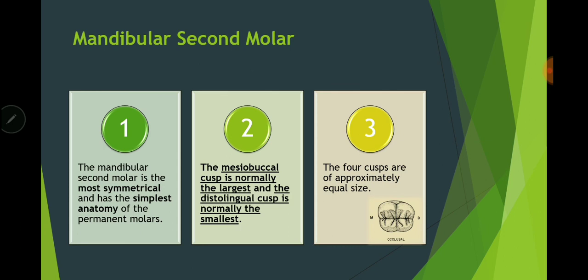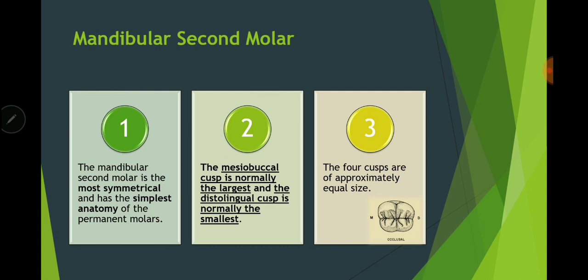And so, the mandibular second molar. The mandibular second molar is the most symmetrical tooth and has the simplest anatomy of all permanent molars. The mesiobuccal cusp is normally the largest, and the distal lingual cusp is normally the smallest.